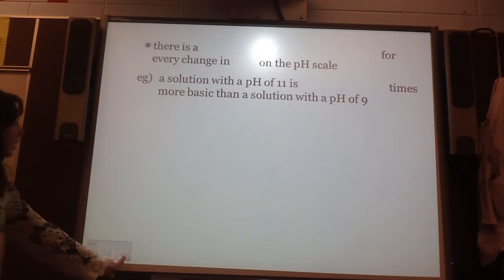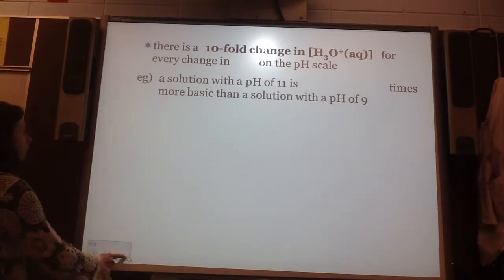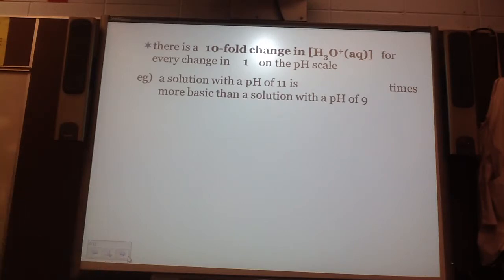Okay, so there is a 10-fold change in hydronium ions for every change of 1 on the pH scale. This is really, really important that you probably memorize this, because when you get a question like this on a test, you're just going to think it's by 1, but it's not.